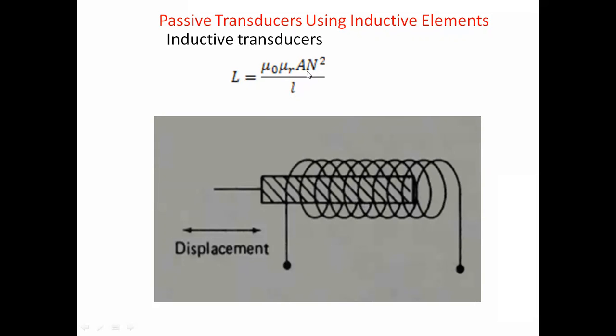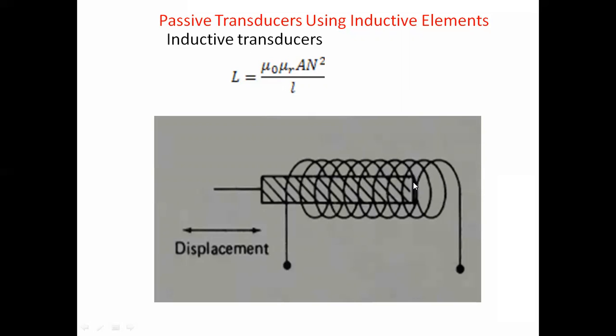N is the number of turns of the coil, which is also constant. A is the area encircled by this coil, which is also constant. The only thing we can consider is a change of the permeability.